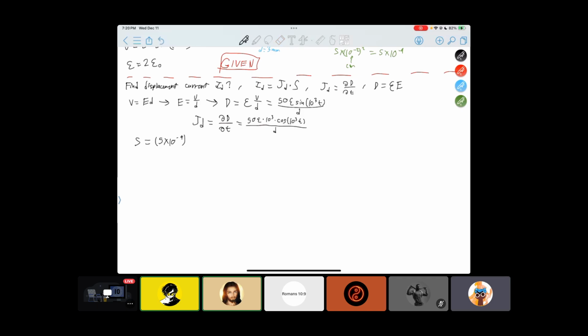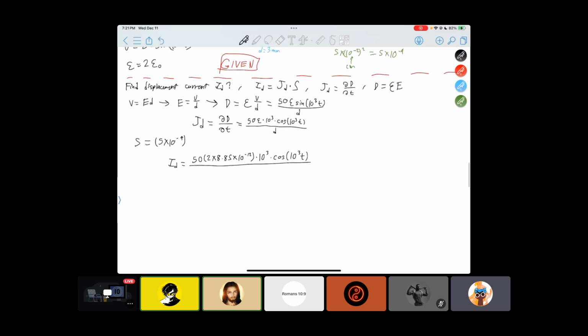Sounds good. So 50, what's epsilon? Epsilon is 2 epsilon naught, so 2 times 8.5 times 10 to the minus 12, times 10 cubed times cosine 10 cubed t, divided by d.